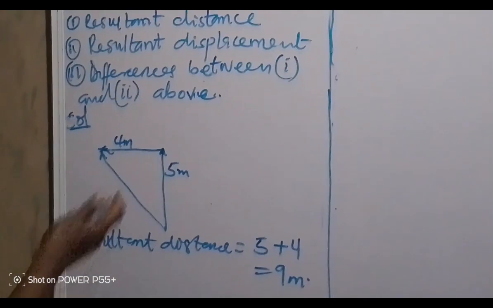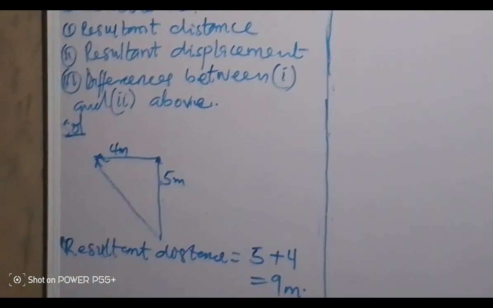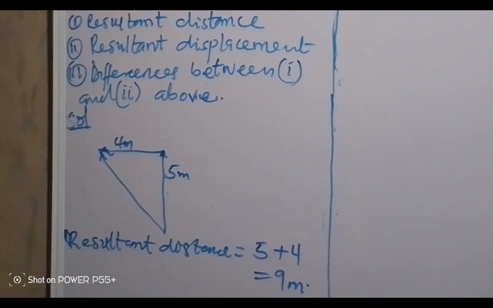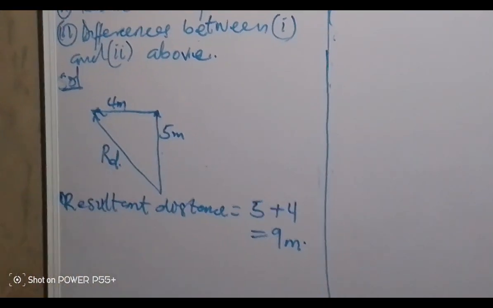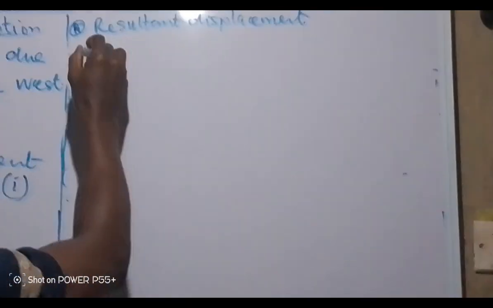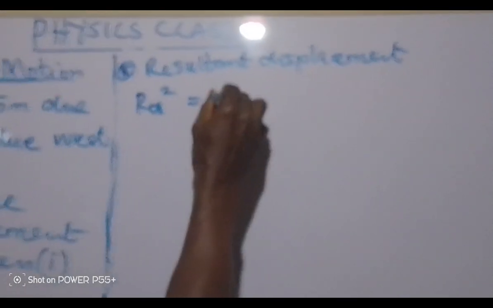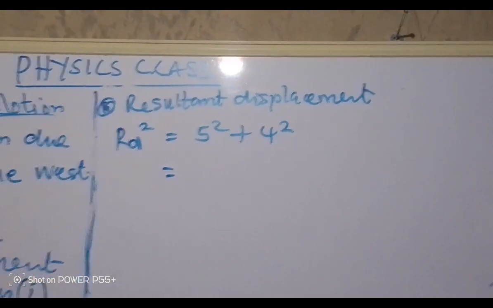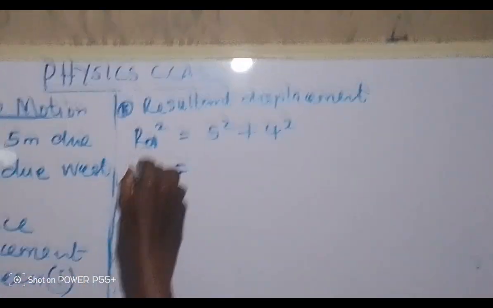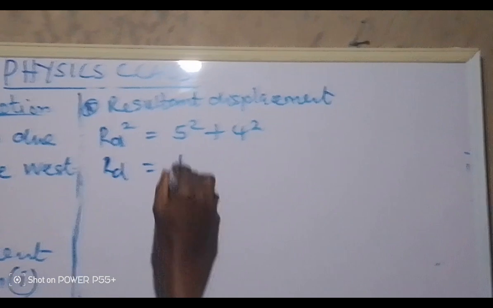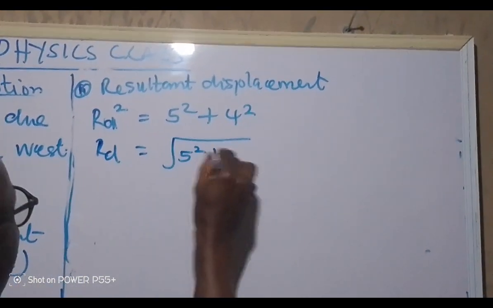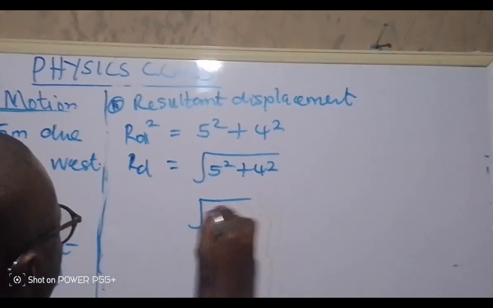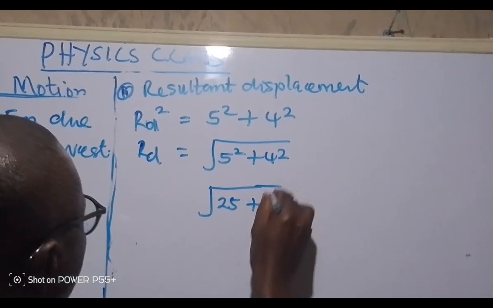And once you have a triangle like this in mathematics, the best method to solve the problem is Pythagoras theorem. So this is our resultant displacement now. To find that one, it will give us r squared is equal to 5 squared plus 4 squared. That's from mathematics Pythagoras theorem. Then r, that is the resultant displacement, will be equal to square root of 5 squared plus 4 squared. That will be equal to 25 plus 16.